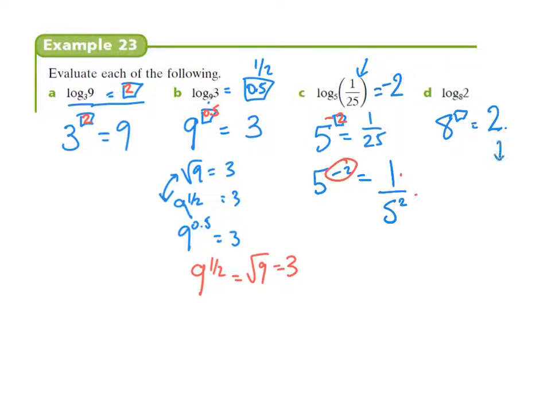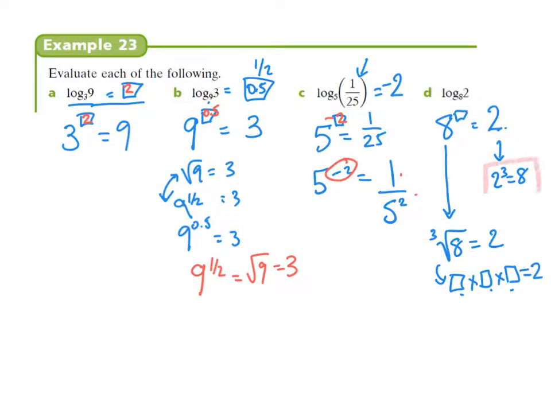I know that 2 cubed is 8, so how about we cube root 8? Okay, so cube root 8 will be 2. Now when we cube root 8, we're asking ourselves what times what times what, so what multiplied by itself 3 times gives us 2.